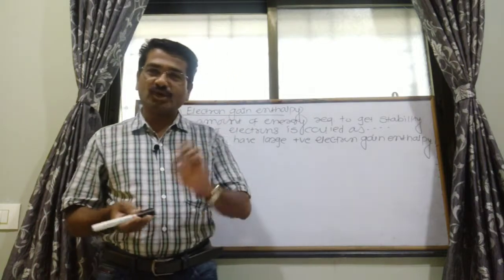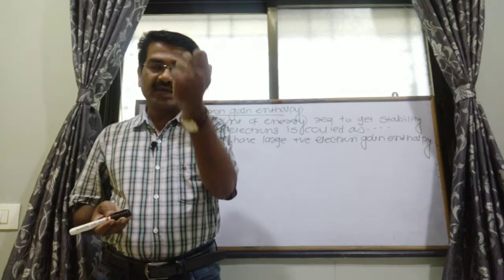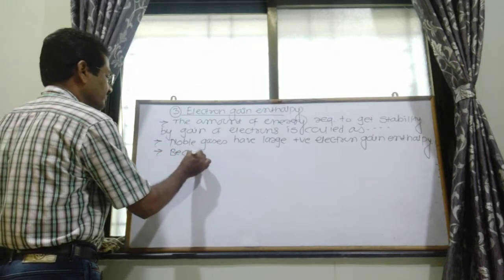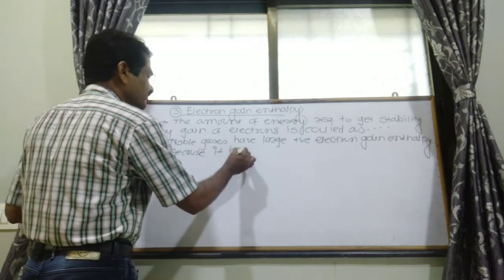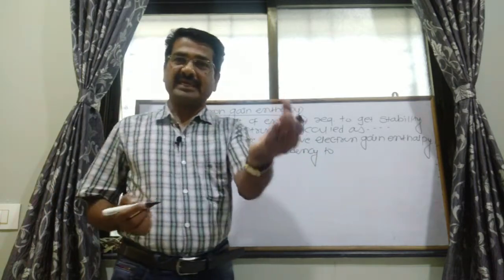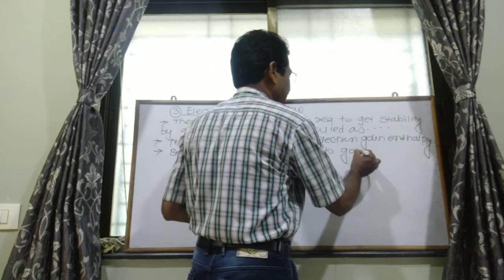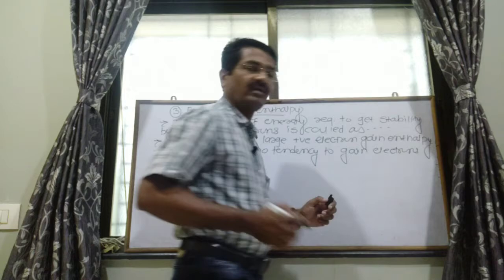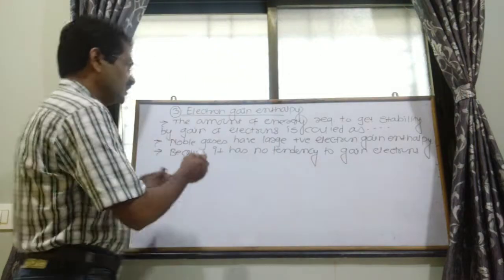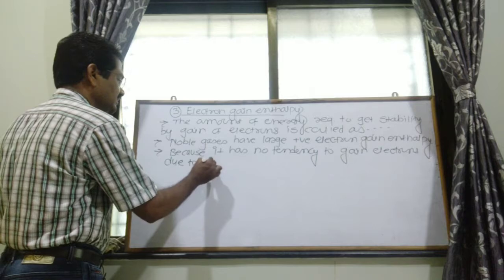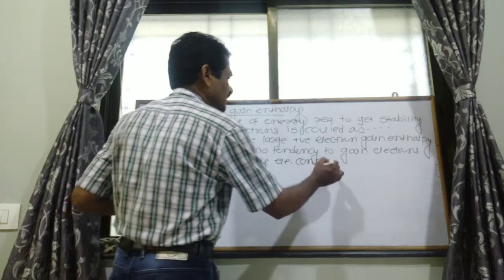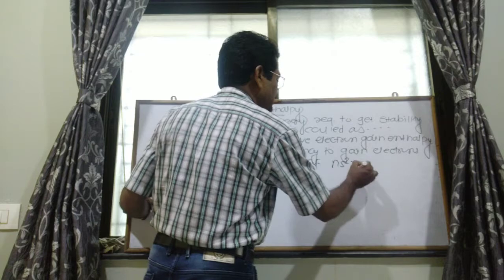Why? Because they have no tendency to accept electrons, due to their stable electronic configuration, ns2 np6.